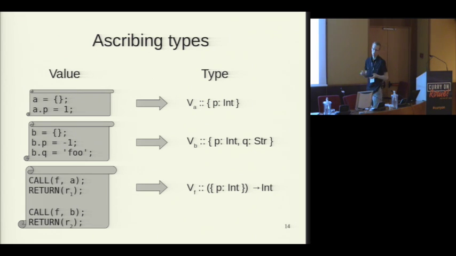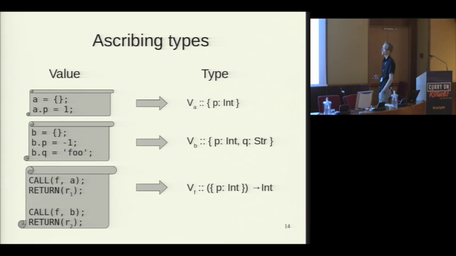And this is something the type system designer provides. So an ascription operator takes a value and produces a type. Similarly, for the B object, the three relevant trace statements are these three. And the conclusion is that a reasonable type is a p property of type integer and a q property of type string.